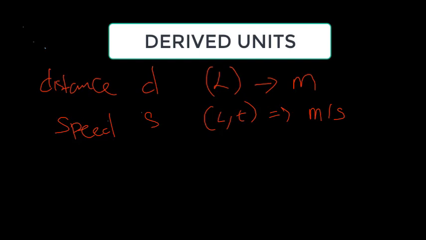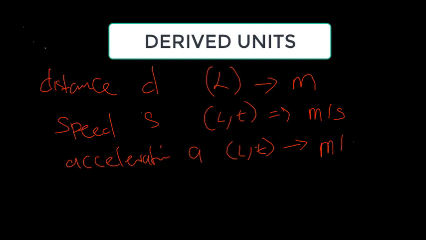And also in the case of acceleration, symbol A, we know that this is a combination of length and time, but we know from the formula that this is just the speed divided by the time. That simply means that the derived unit for this derived physical quantity will be meters per second squared.